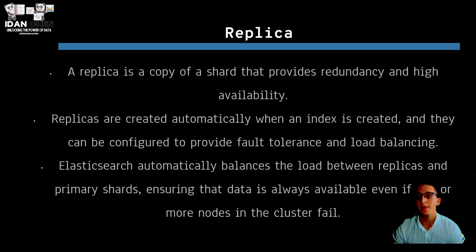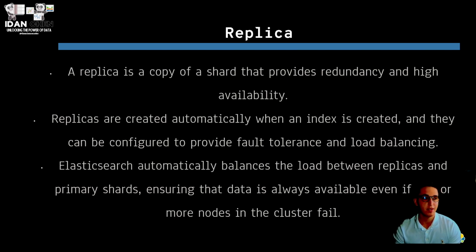Replica. A replica is a copy of a shard that provides high availability. Replicas are created automatically when an index is created, and they can be configured and provide fault tolerance and load balancing. Elasticsearch automatically balances the load between the replicas and primary shards, ensuring the data is always available, even if one or more nodes in the cluster fail.